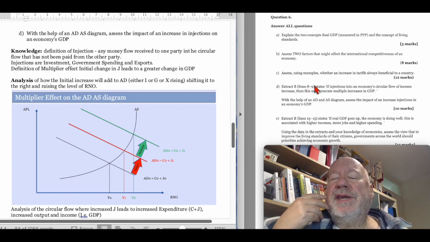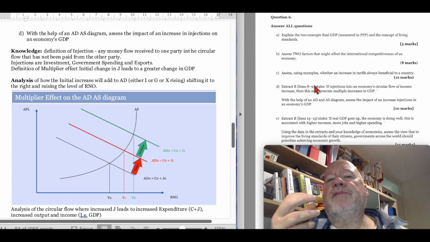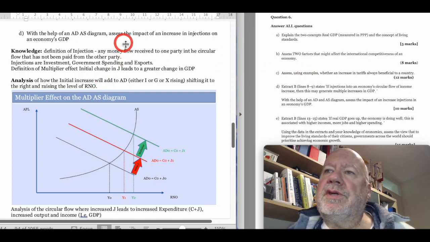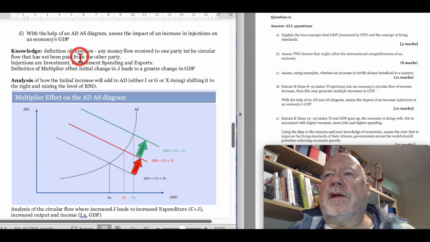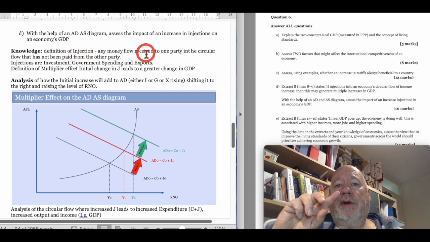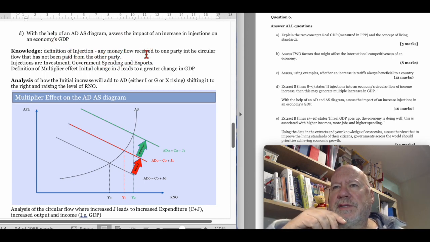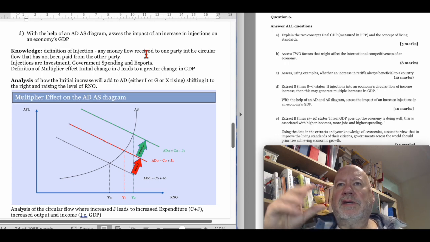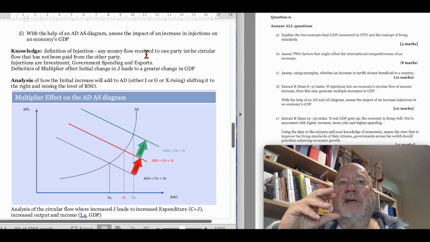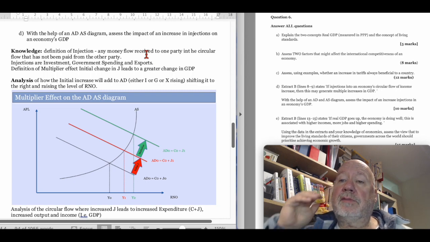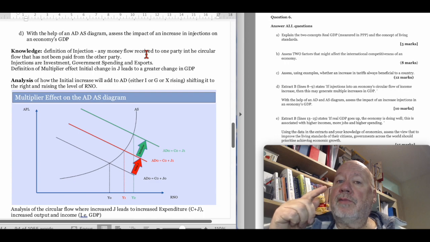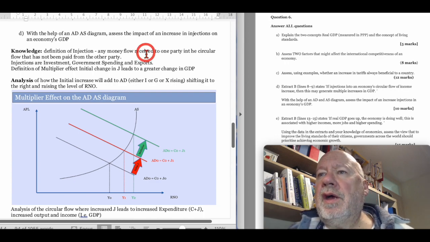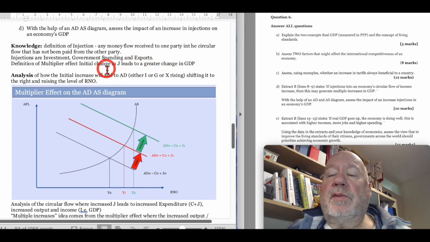So that should have been hinting to you that this is the multiplier effect going on. So injections, any money received by one party that has not then been paid to it from the other party, so it's coming from outside the circular flow. An injection comes into the circular flow, doesn't get passed around the circular flow. You could have defined it and defined the multiplier effect.